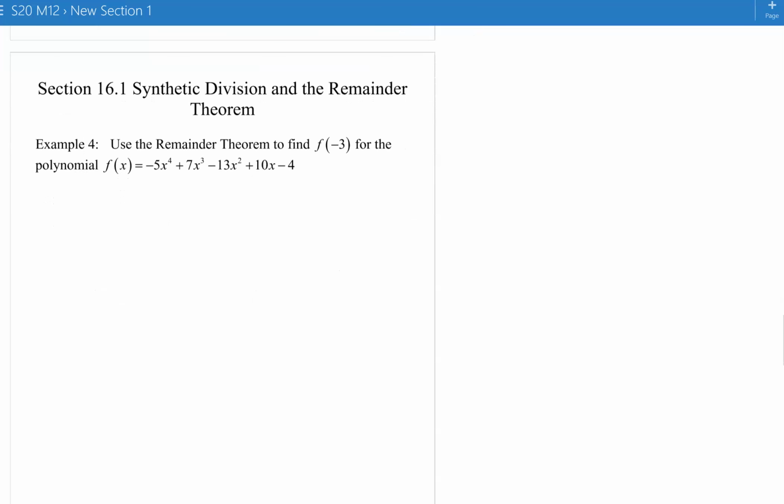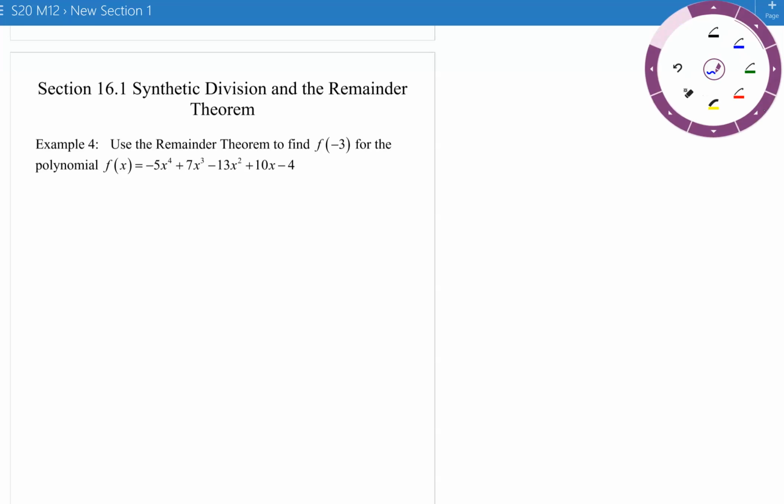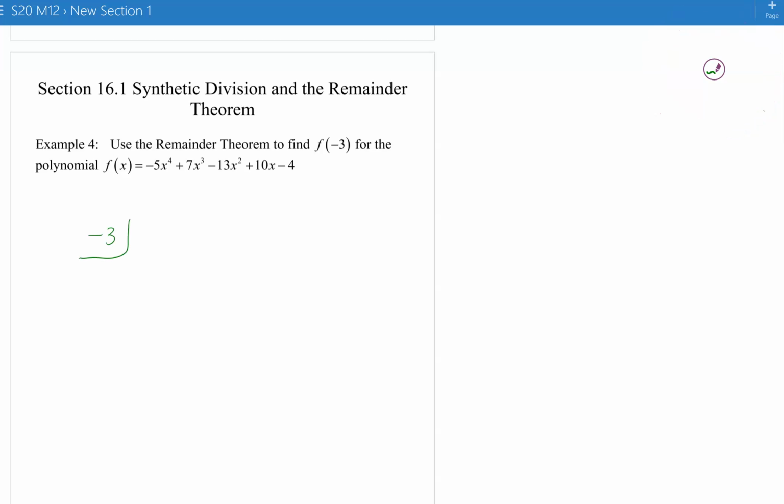So here's an example. Use the remainder theorem to find f of negative 3 for this given polynomial. So if I want to find f of negative 3, I put negative 3 in the pocket. But keep reminding yourself that this means I'm dividing by x plus 3. Okay, so I have negative 5x to the fourth, 7x cubed, negative 13x squared, 10x and negative 4.